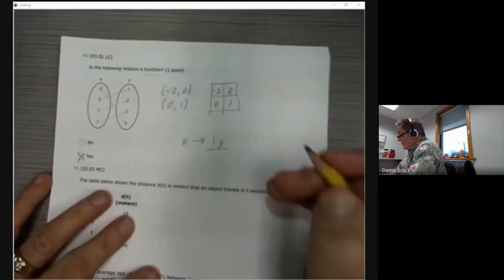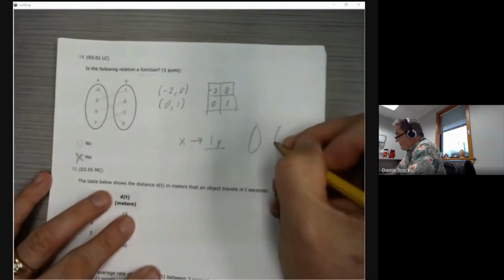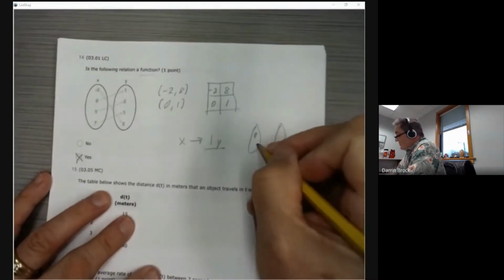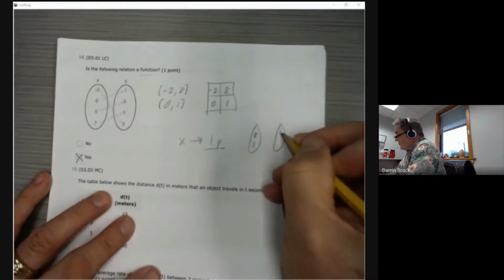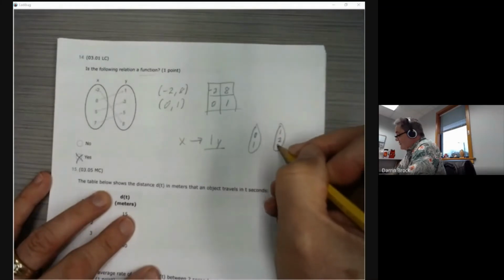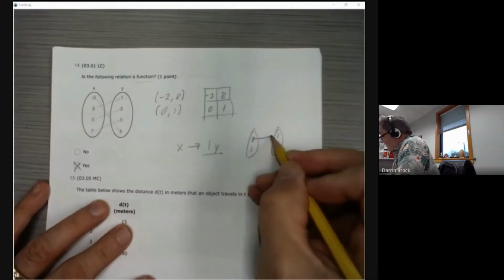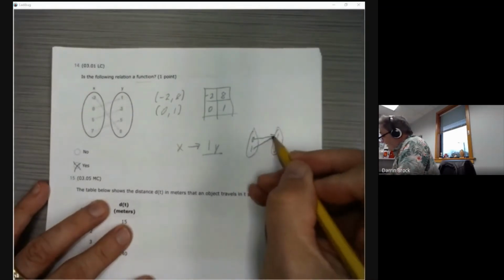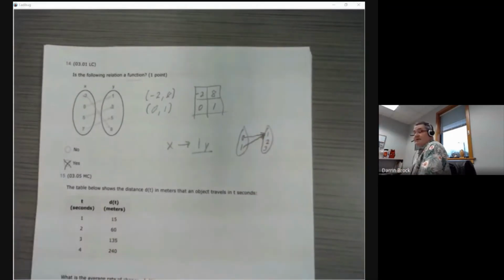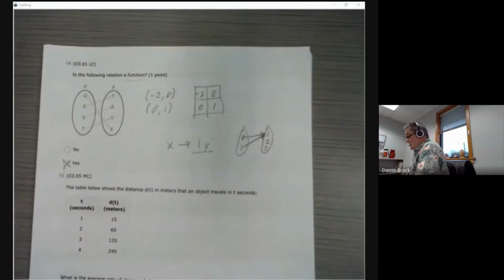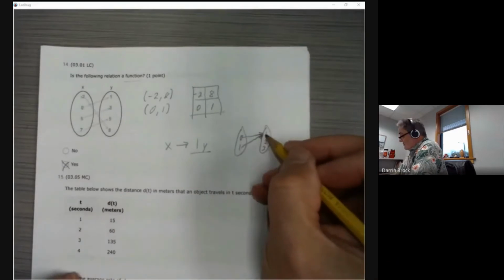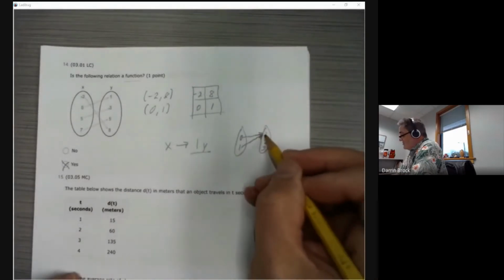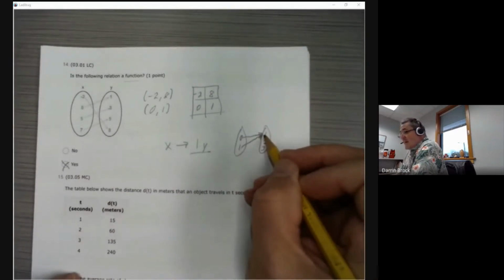Now, don't let it fool you. If it did a mapping diagram and it had 0 and 1, and over here it had 1, 2, and 3, and the 0 went to the 1, and the 1 went to the 1, and it said, is that a function? You go, well, there's 2 here, but it doesn't matter if there's 2 pointing to the same y.